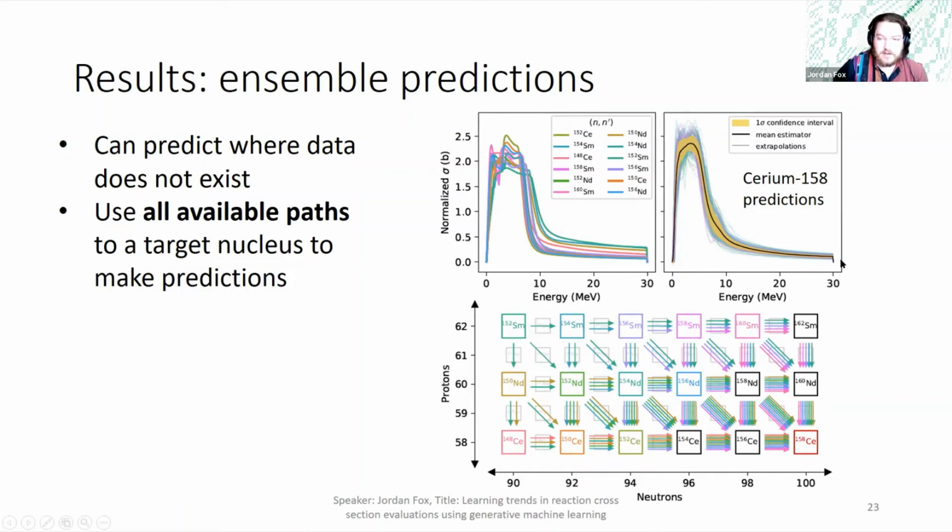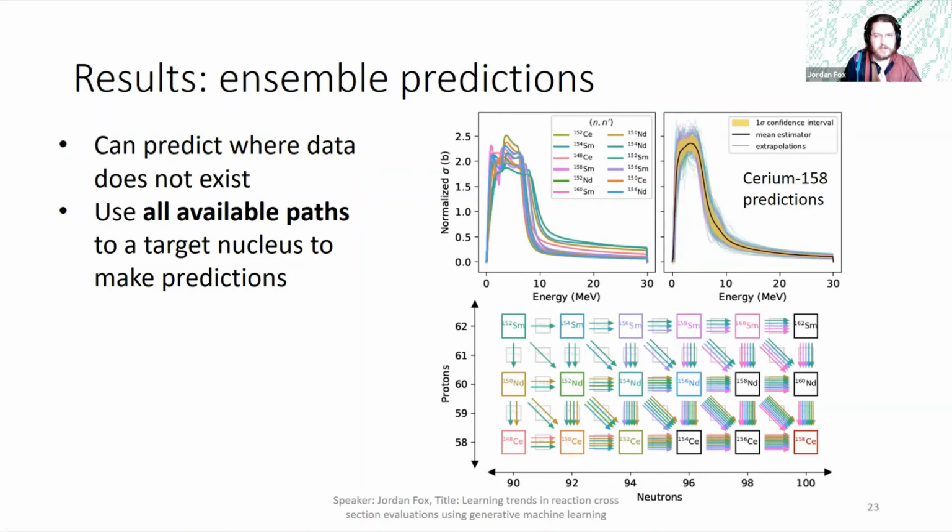There's a bit of disagreement between each of the predictions made, but my hope is that we can boil down this ensemble into a reasonable prediction. So for instance, here I put the mean estimator and a 1 sigma confidence interval. It's not clear to me that that's the correct way to take an ensemble and boil it down to one estimator.